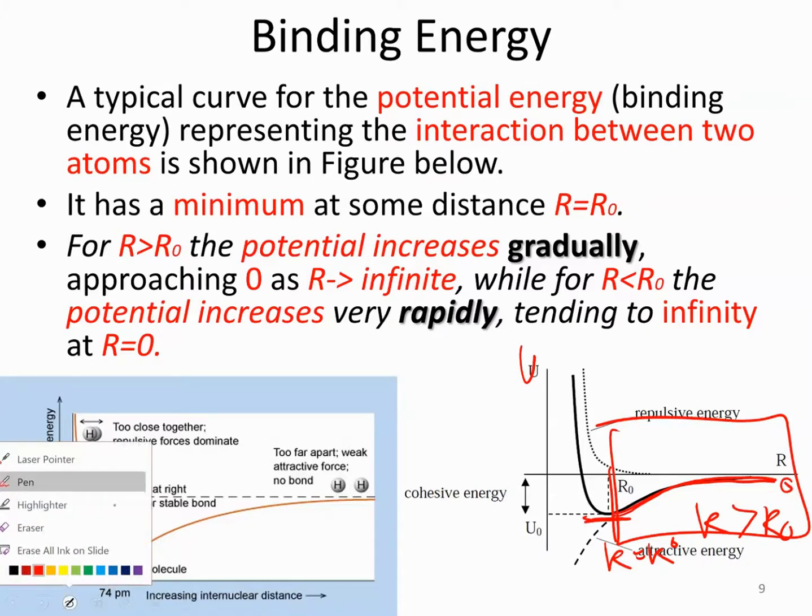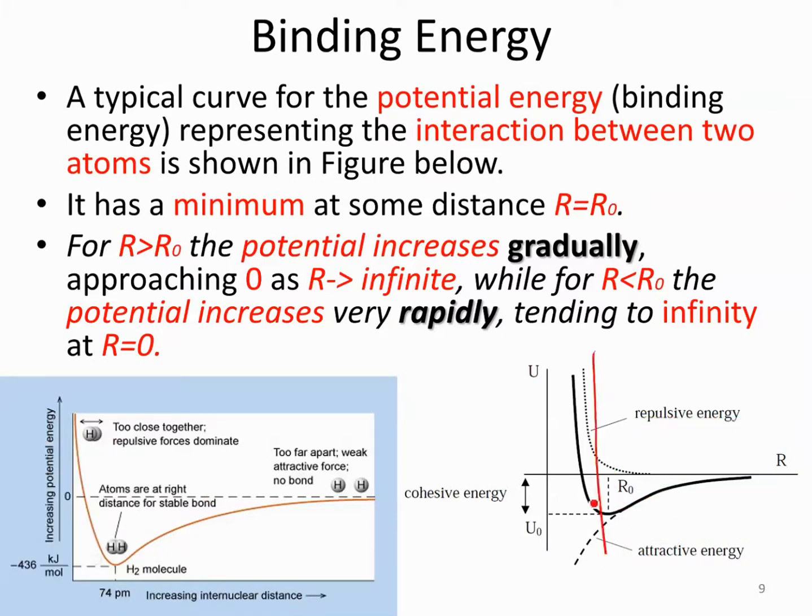However, for this other region, r smaller than r naught, the potential increases rapidly, tending to infinity at r equal to zero. And the potential energy between zero and u naught is the energy needed to break the solid into small atom pieces, and we call this the cohesive energy.